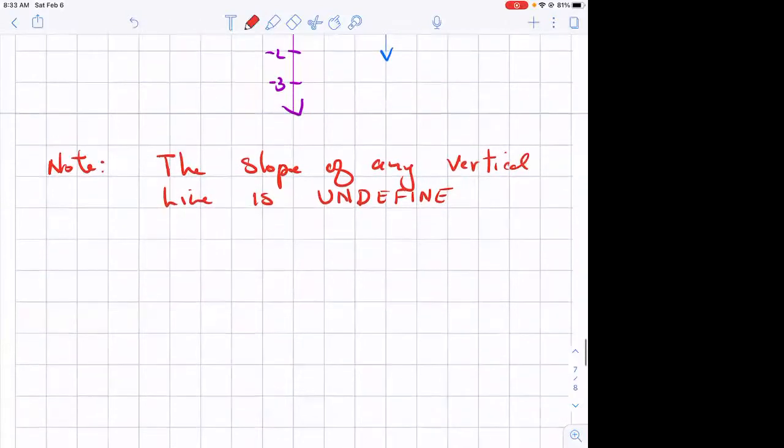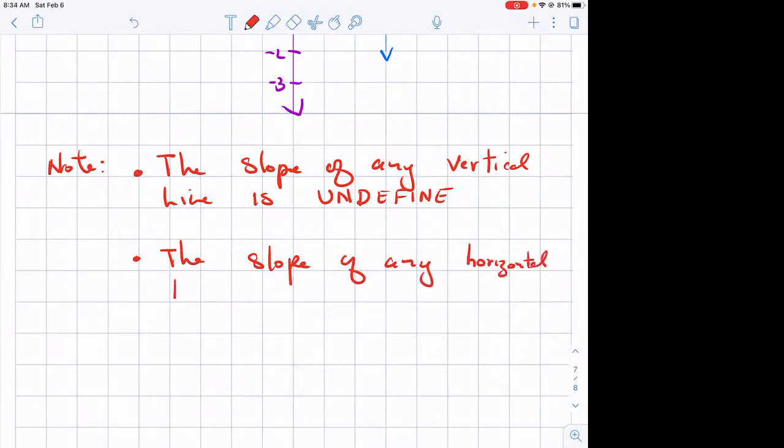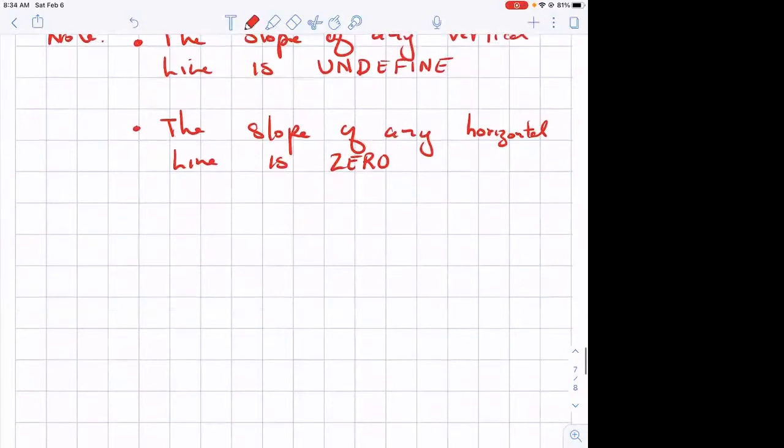And we also established earlier, which we will show, the slope of any horizontal line is 0. Because if the line is horizontal, there is no steepness to that line. Okay? There is no steepness. We cannot measure the rise over the run.